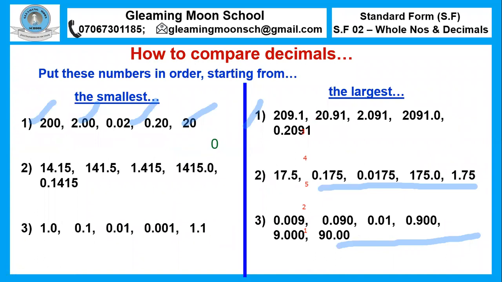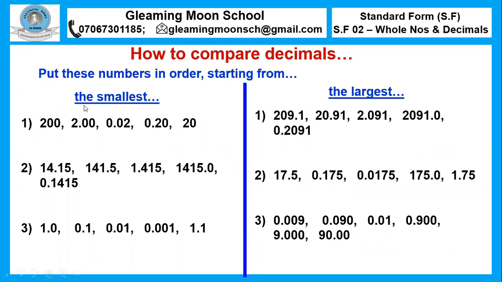Put these numbers in order starting from, so there are two ways that I have done that, starting from the smallest. So for these 1, 2, and 3 questions, you start from the smallest number and put them in order up to the largest. Whereas on the right-hand side here, you're starting from the largest number down to the smallest. Okay, so I want you to pause the video and answer this question.